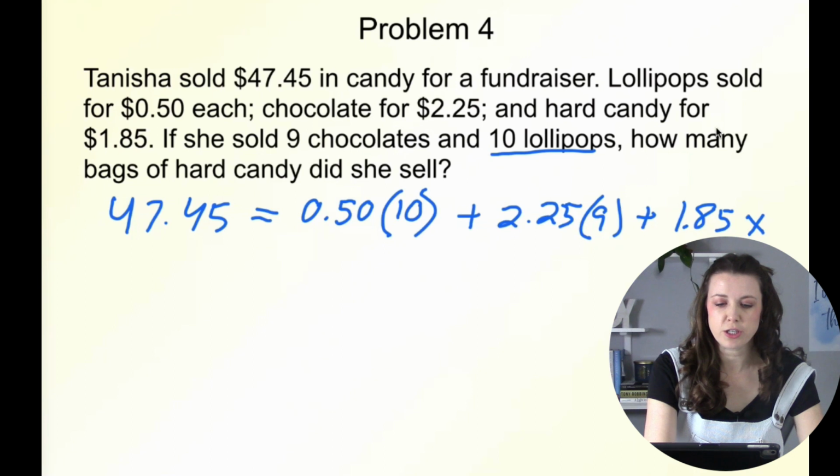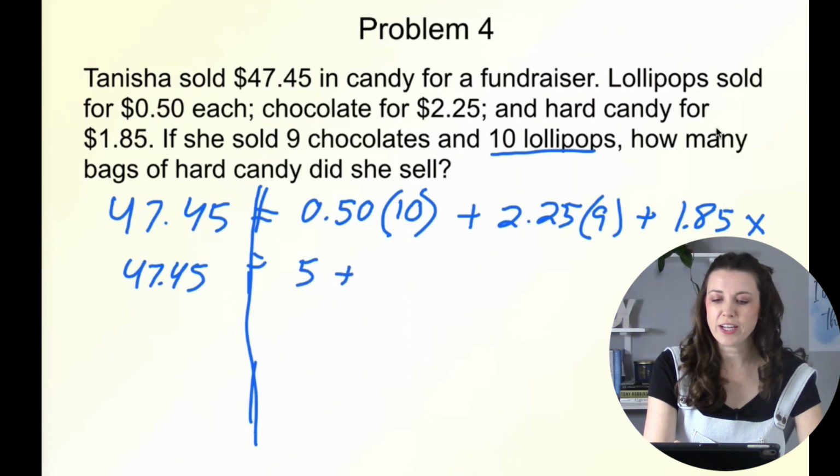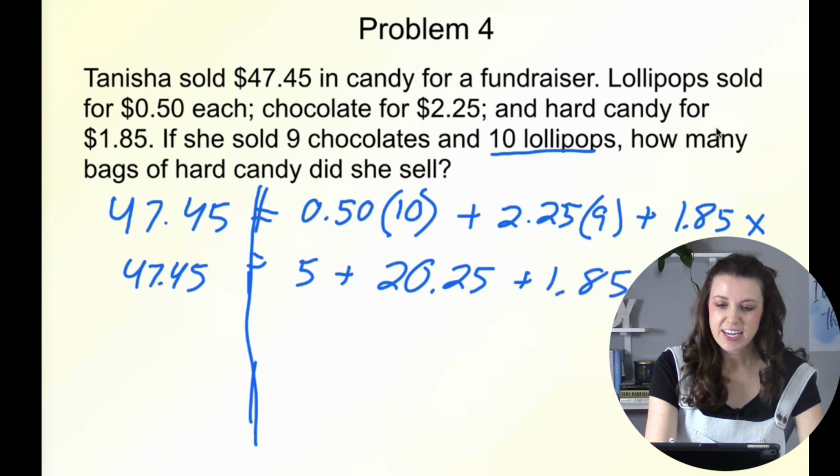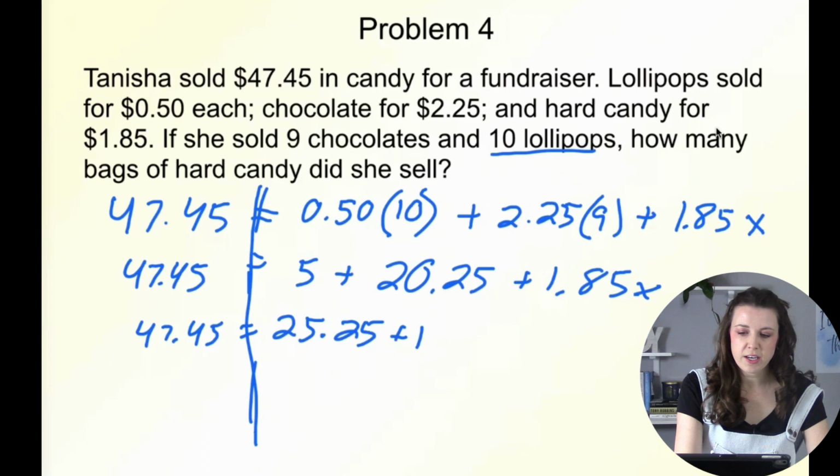So the first thing I'm going to do is I like to draw my line again down here. So I have 47.45. And I'm going to go 50 cents times 10 is just $5, plus 2.25 times 9 is 20.25, plus that 1.85x. Now I'll combine my like terms, keep this 47.45 over here equals 25.25 plus 1.85x.